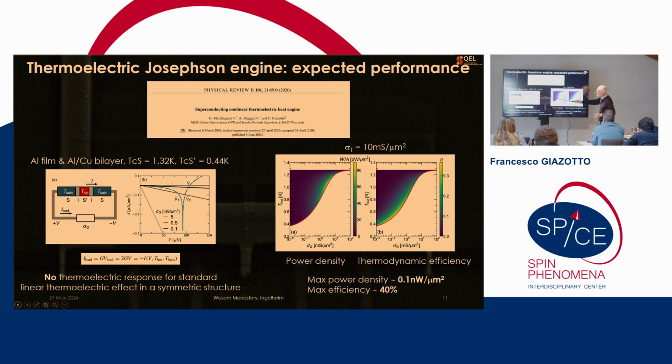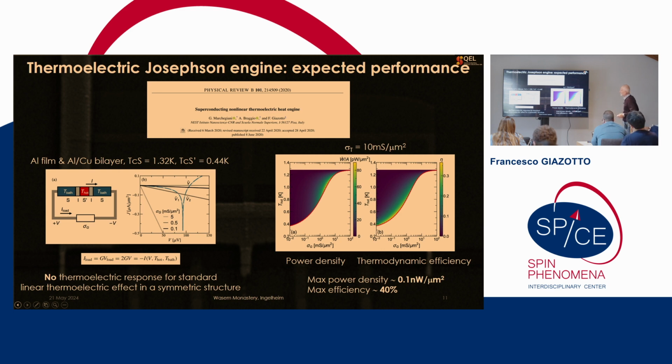If we study the systems here, for instance, it's possible, for an aluminum-based structure, where aluminum film is the larger gap superconductor, and an aluminum-copper bilayer, for instance, can be a proximitized layer by inverse proximity effect to tune the second gap. We can calculate what is expected, okay? Power density versus temperature of the hot electrode and the conductance of the load, and the thermodynamic efficiency.